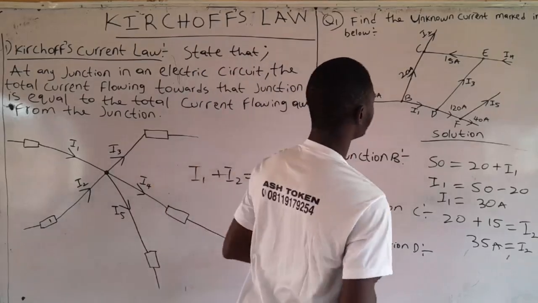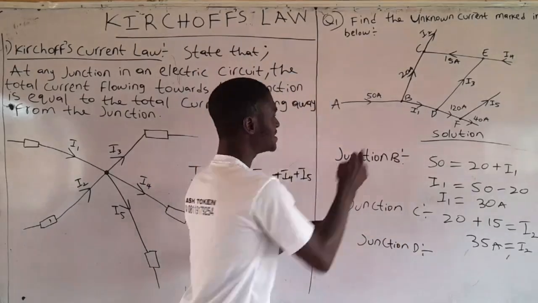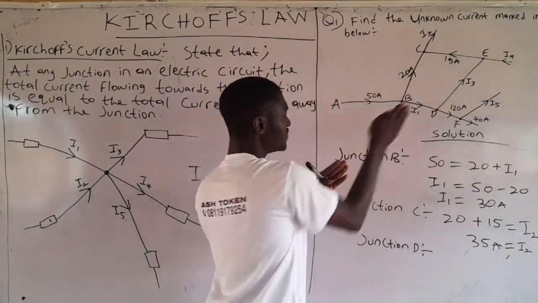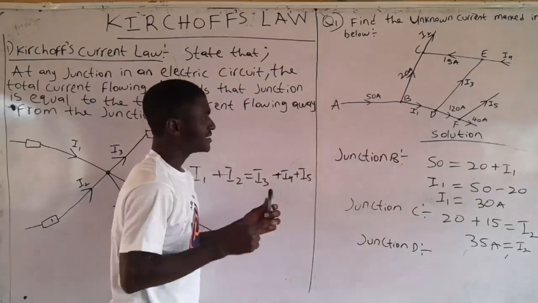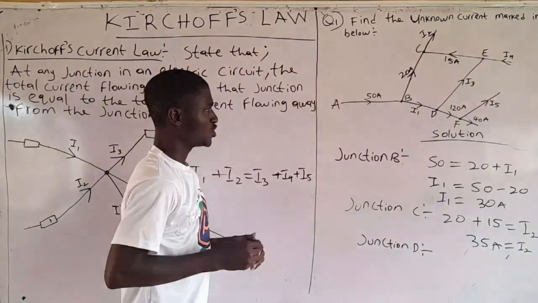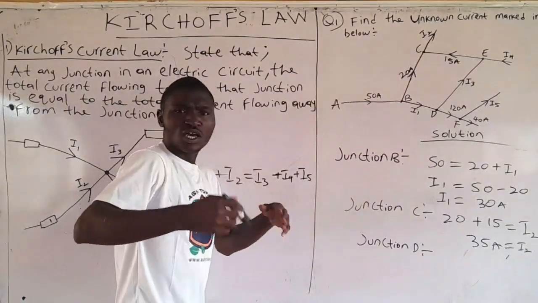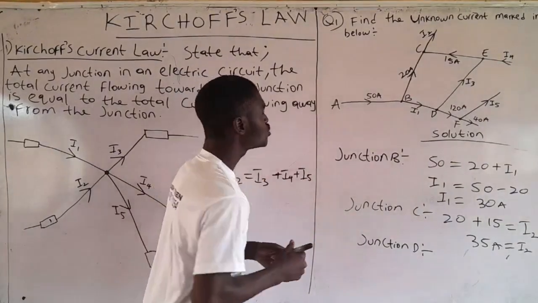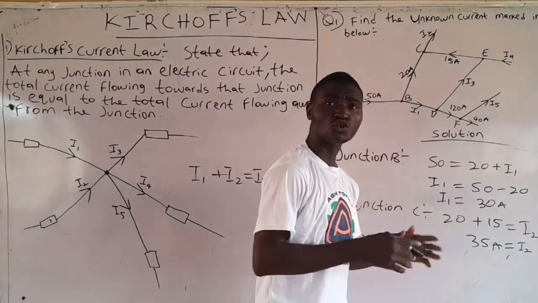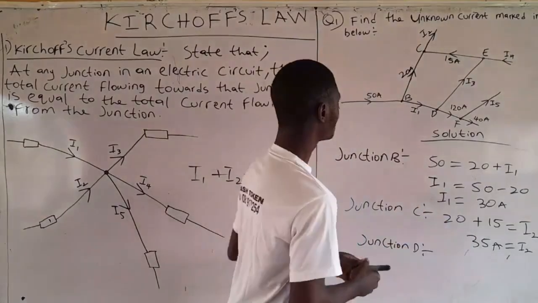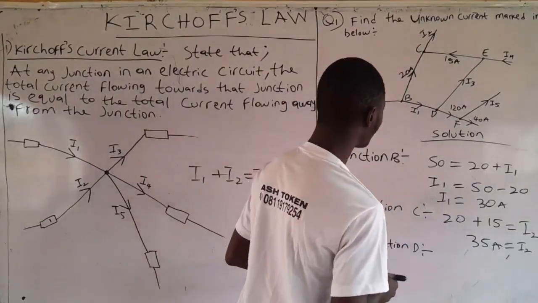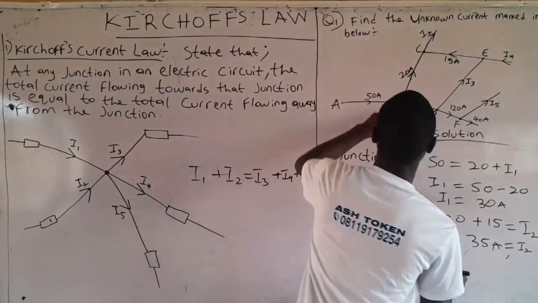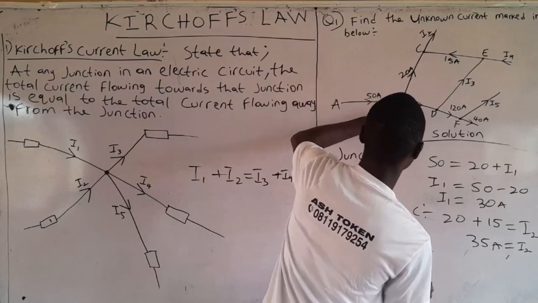For junction D, 120 amperes is leaving the junction. I3 is also leaving the junction, while I1 is entering the junction. So using Kirchhoff's current law that states the total sum of current entering the junction is equal to the total sum of current leaving the junction, I have my I1 entering the junction.